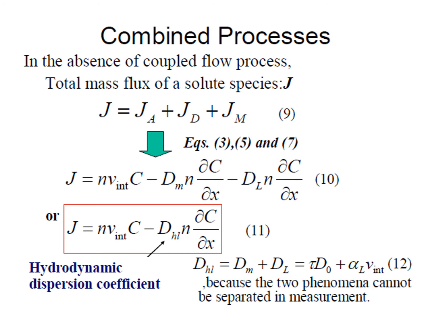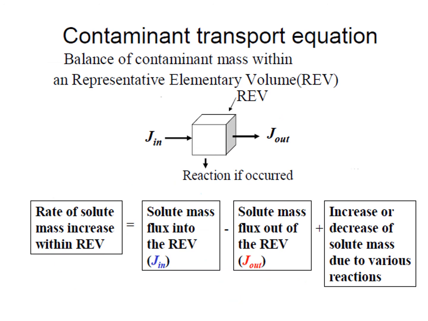This is the total mass flux of a solute, considering all these fluxes: advective, diffusion, and chemical dispersion. This gives us a comprehensive equation incorporating all our mass flux equations, and then we simplify it and try to find the combined coefficient we can develop. And then again, this is our model.